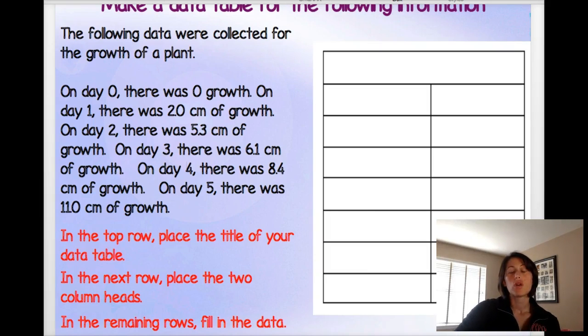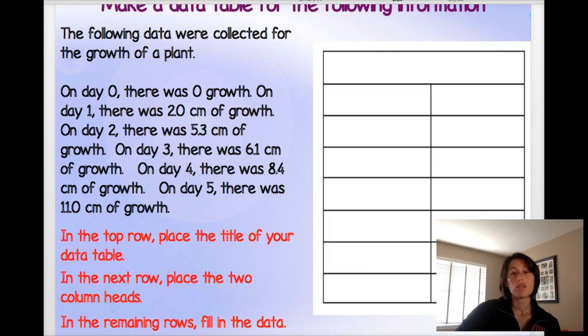Okay, so I want you to, in a second, pause this, and you have a chart that looks like this in your notes. So in a few minutes, you're going to pause this and you're going to create your own data table, and then we'll look at it in class when we see you next time. Okay, so you have a large portion of data, 5 days worth of growth from plants.